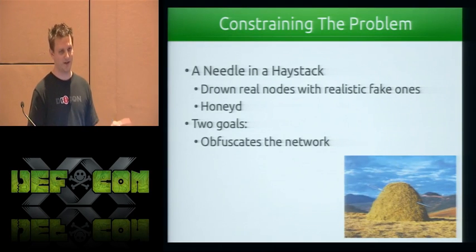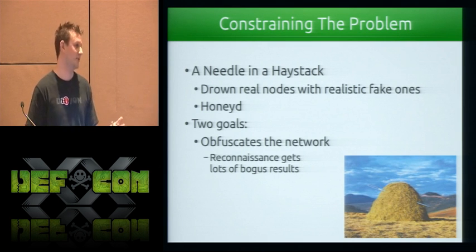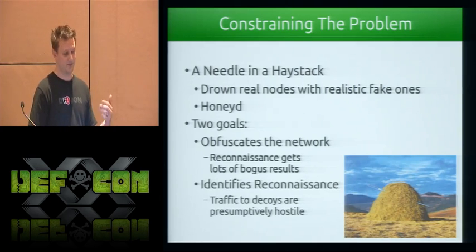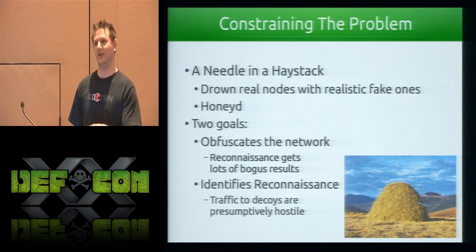So we're going to have two goals here for the system. We want to obfuscate the network, giving reconnaissance lots and lots of bogus results, making it much harder or possibly useless. And then we also want to identify reconnaissance. Because one of the unique things about this setup is that, because you've got all these decoys, these honeypots, any traffic going to the honeypots is presumptively hostile. So you could say, why are you talking to the decoys?